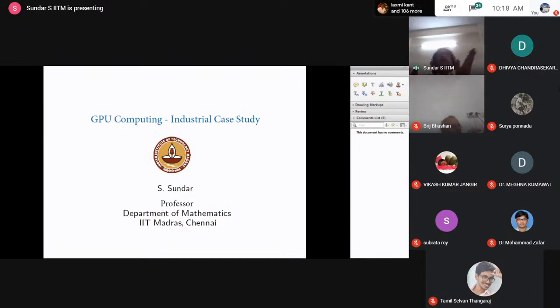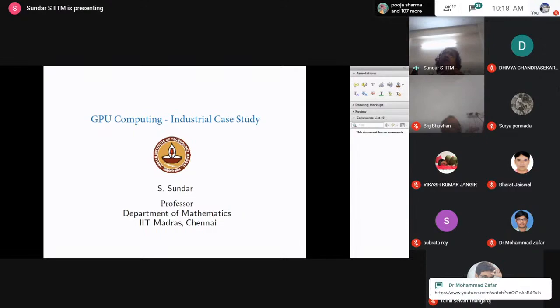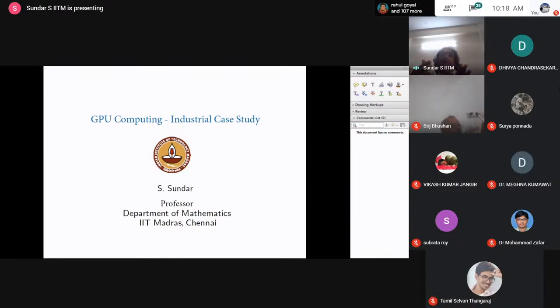I'm going to demonstrate, finally, how much speed up we got. We have introduced all the GPU speed up measures, the GPU acceleration ratio, and there are many things which we have introduced.